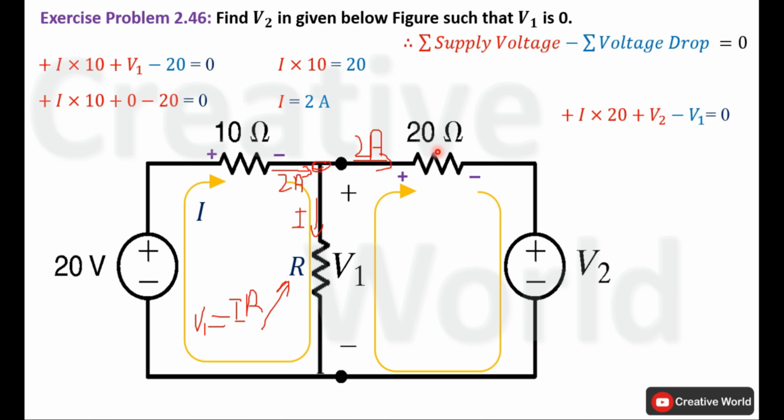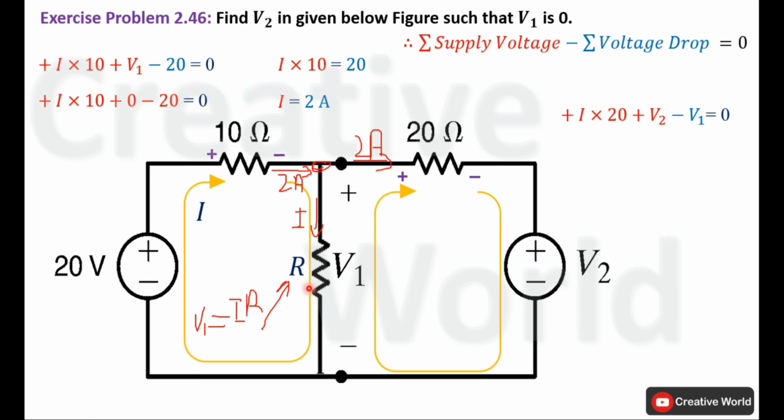Start from 20 ohm. Current entering terminal is positive, so voltage across this 20 ohm resistance will be taken with positive sign, that is the product of current I and the value of resistance 20 ohm: I multiplied by 20 ohm. Next element is the voltage source. Current entering terminal is positive, so the voltage of this voltage source that is labeled as V2 will be taken with positive sign.